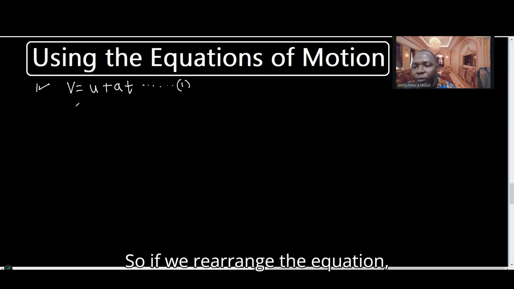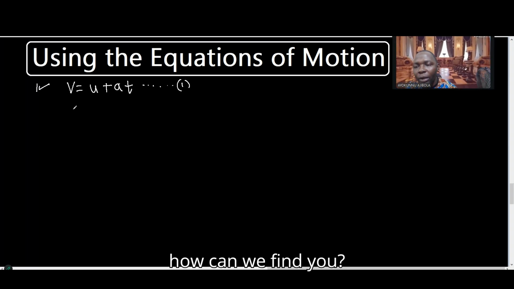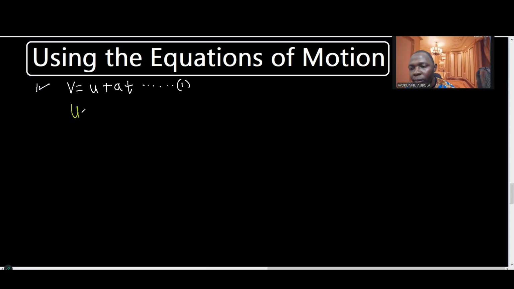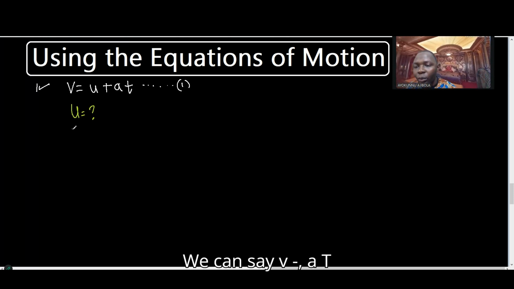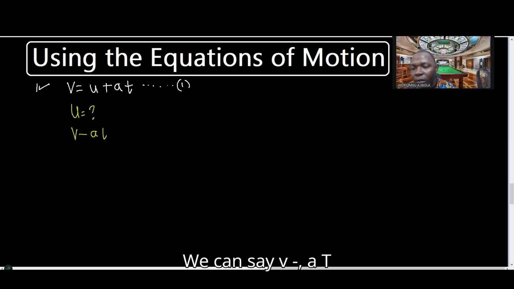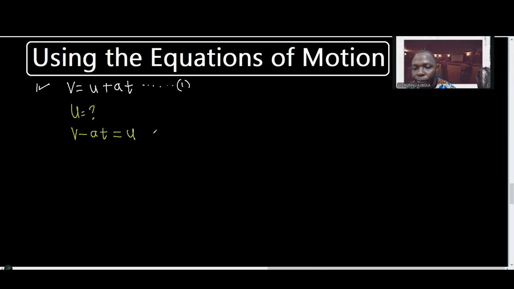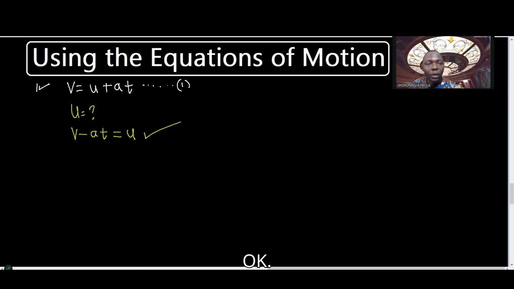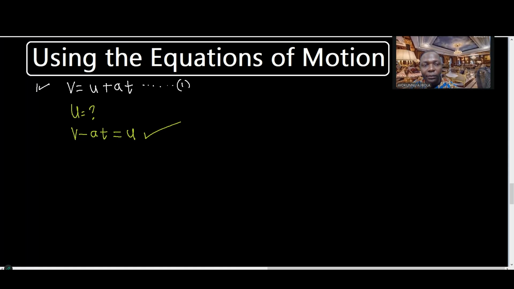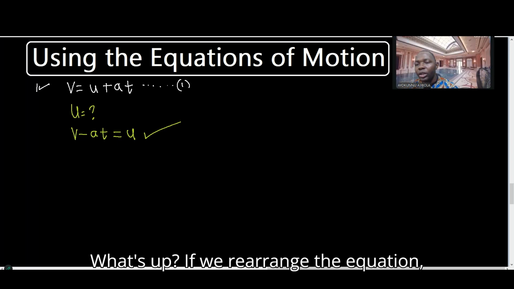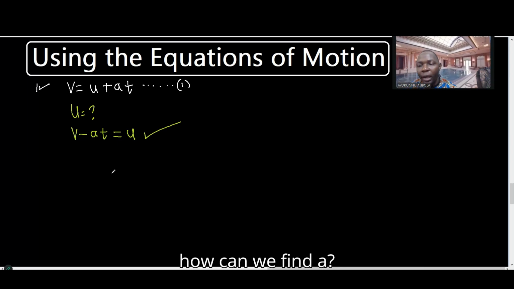So, if we rearrange the equation, how can we find U? We can say V minus AT equal to U. Okay? If we rearrange the equation, how can we find A?